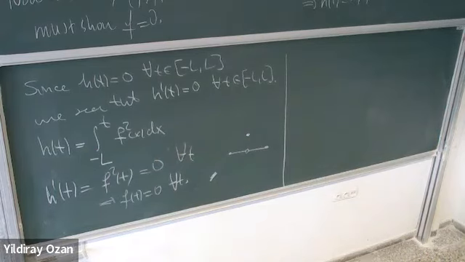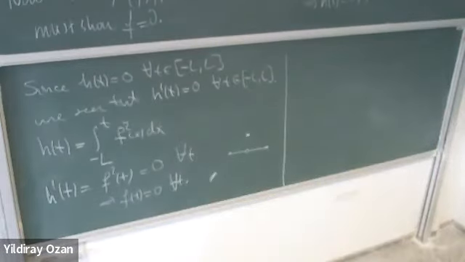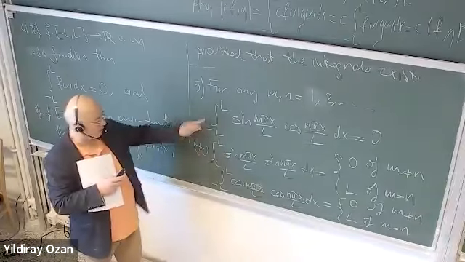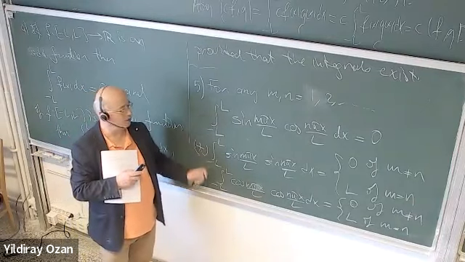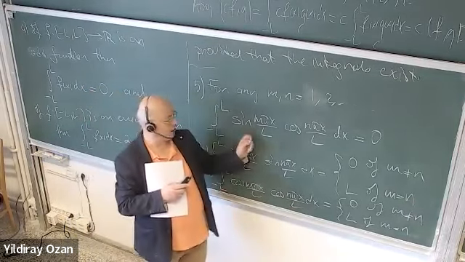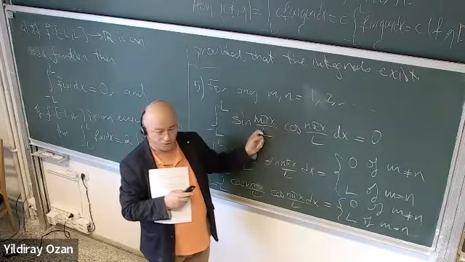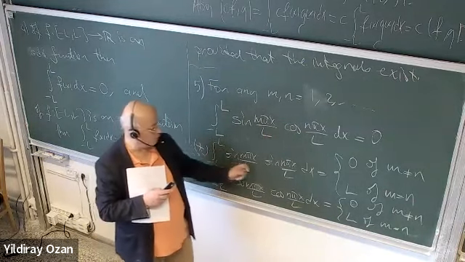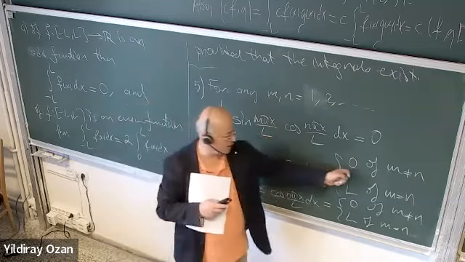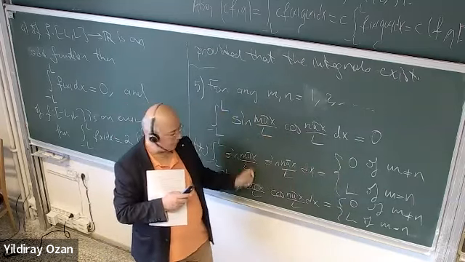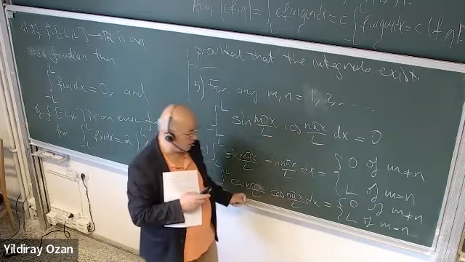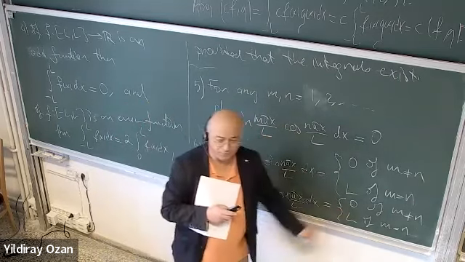So you see, we have these three computations. This shows that the inner product of these two functions is always 0. The inner product of these two functions is 0 if they are different. And again, the inner product of these functions is 0 if they are different.